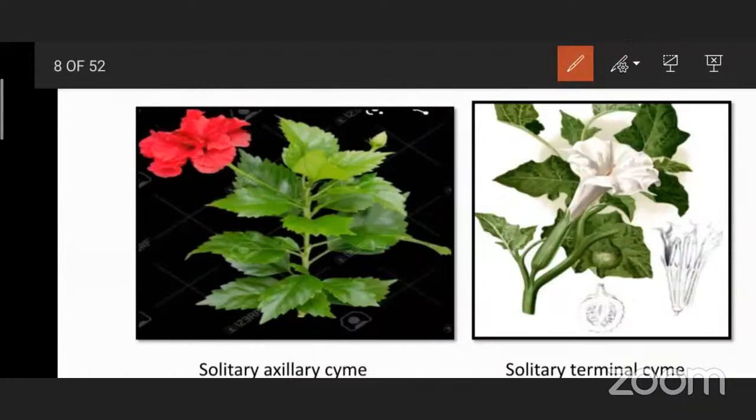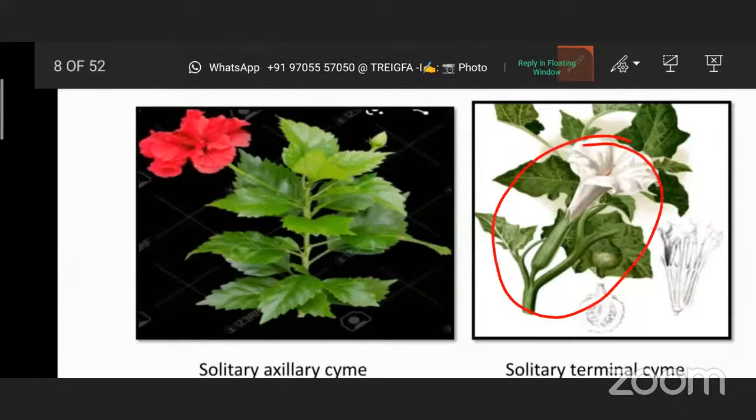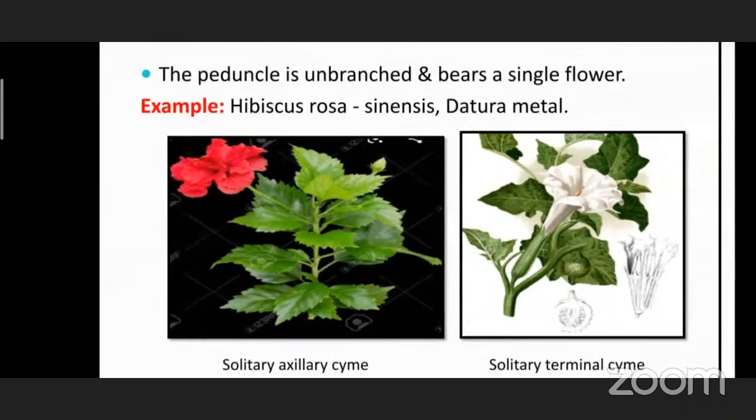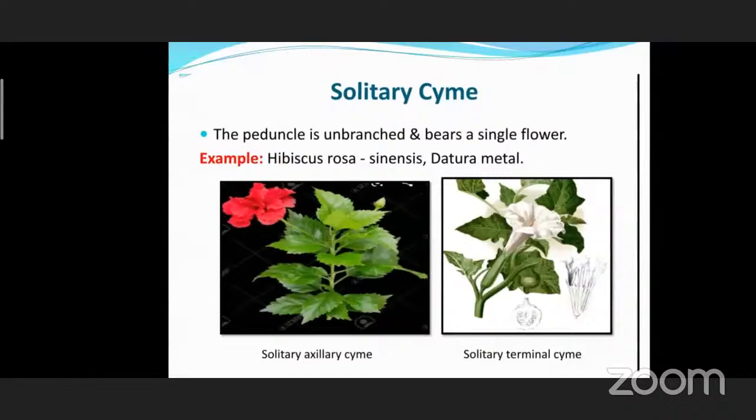The scientific name, Datura metel. See here, this is Datura flower. The peduncle is unbranched, it bears a single flower. This is solitary cyme. Cymose inflorescence, totally three: first one simple cyme or cymule, second one compound cyme, and third one solitary cyme.